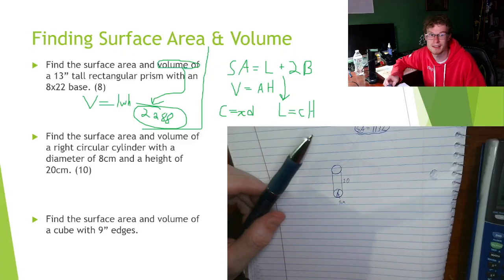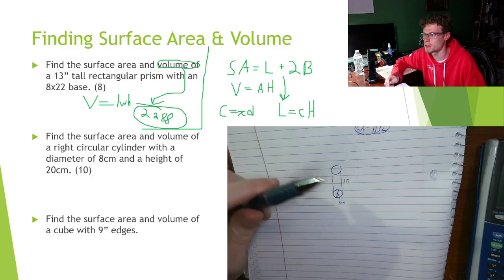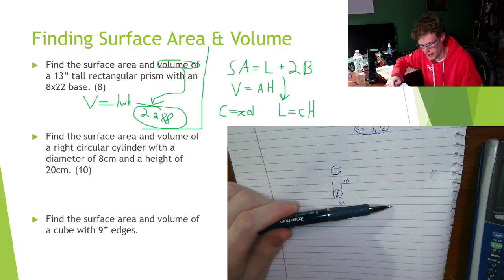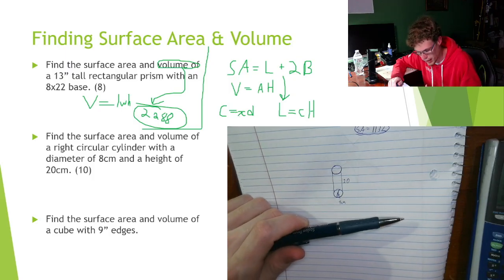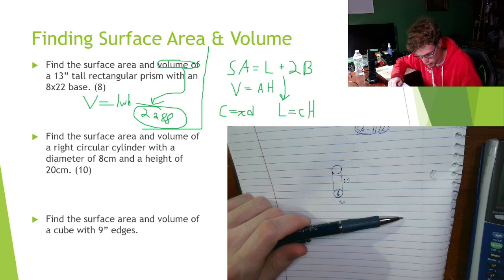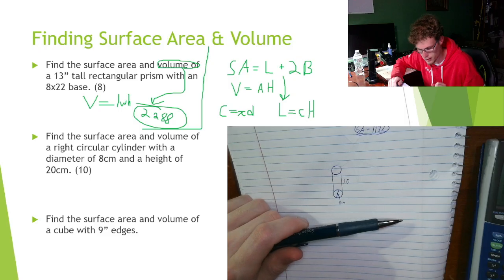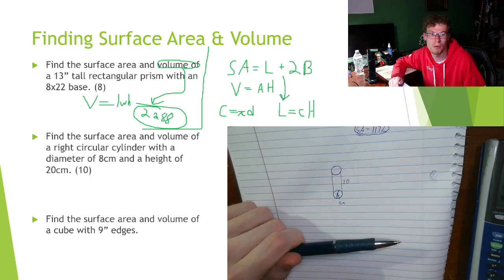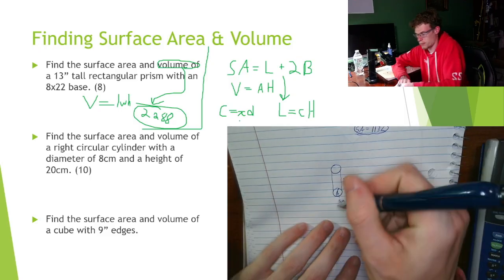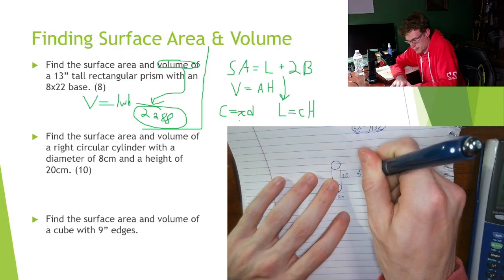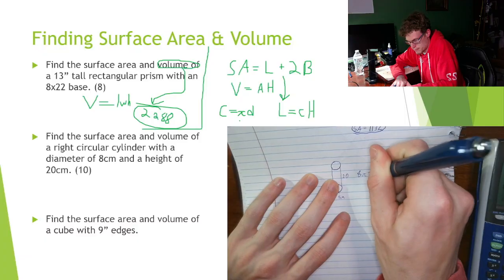So pi times diameter is the one that we're going to do. So all that is 8 times pi, 8 pi, which is 25.13. So 8 pi is our circumference.